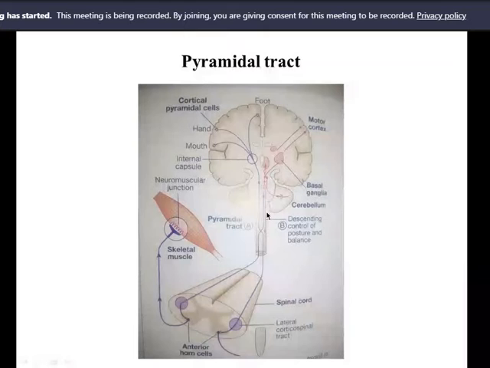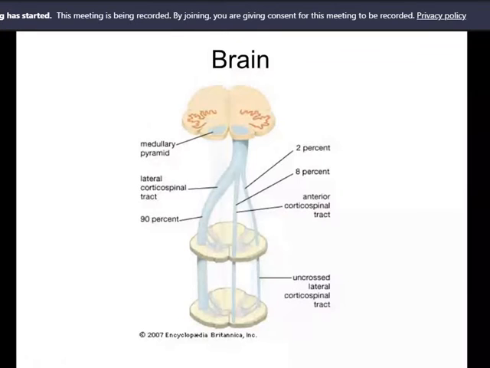Now, as I already told, 90% or in some books 80% of the corticospinal tract, that means the pyramidal tract, goes to the other side of the body, the contralateral side.